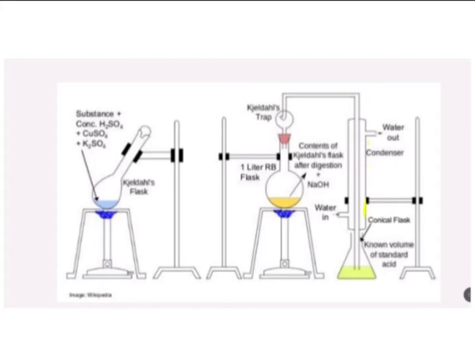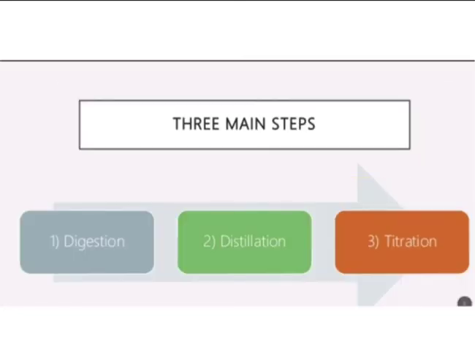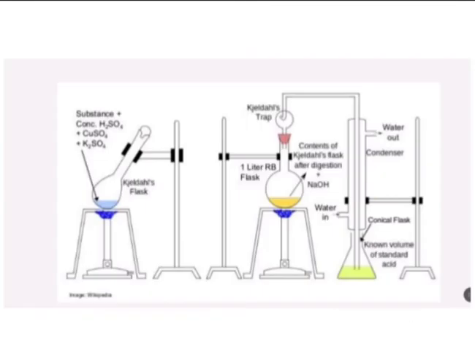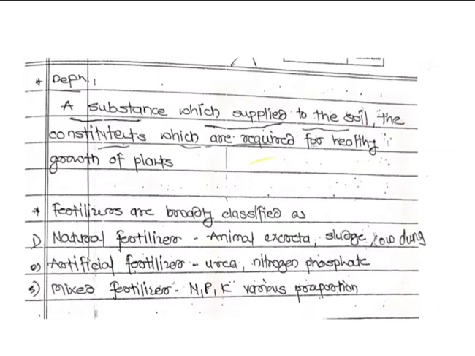Through the Kjeldahl trap the vapor comes out, and here is the condenser. Vapors get cooled down, and the liquid is collected in the standard acid, and then you have to titrate this. So this is a basic diagram of the Kjeldahl method.